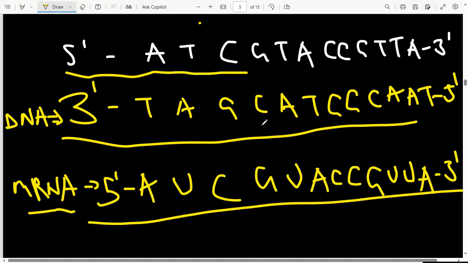Yes, you follow the same sequence, but just know that in DNA, when you have A, it will pair with the T. And when you are going to the RNA, when you have A, it will pair with the U. So don't make a mistake. Okay, thank you.